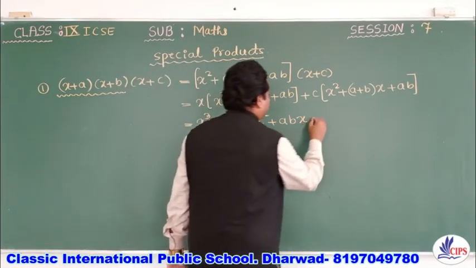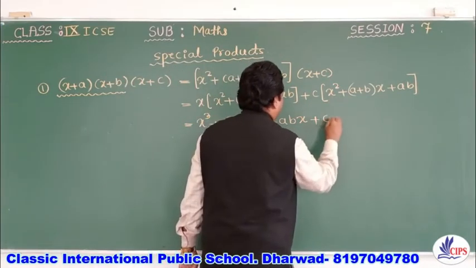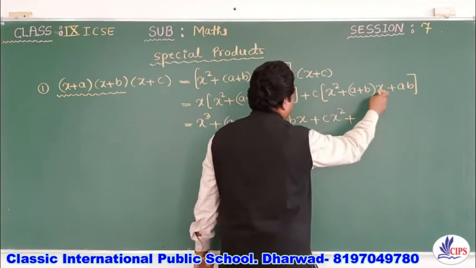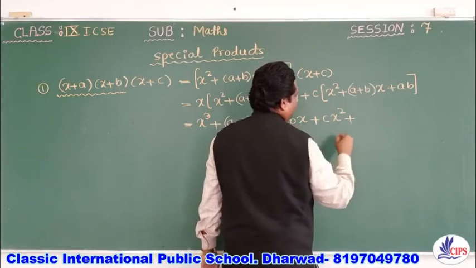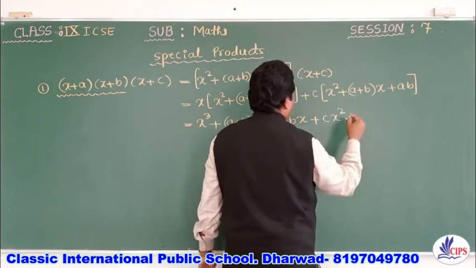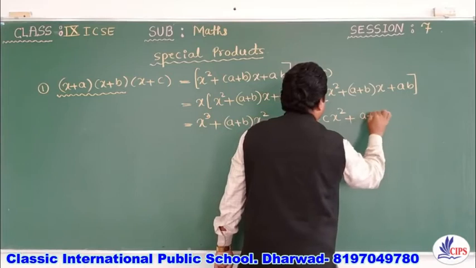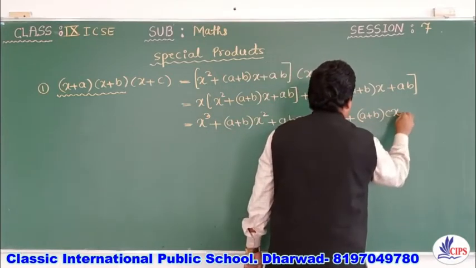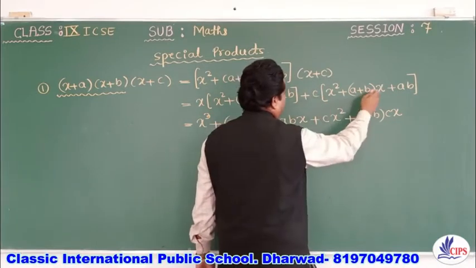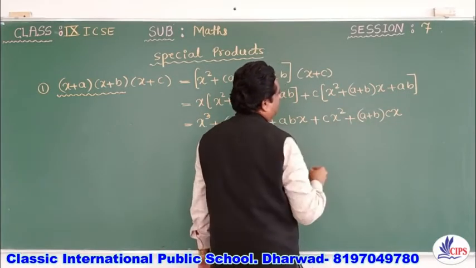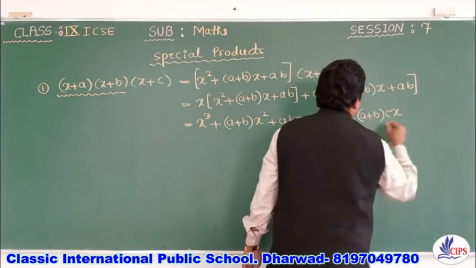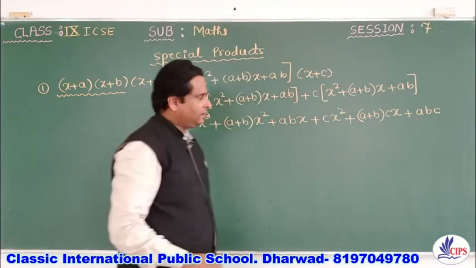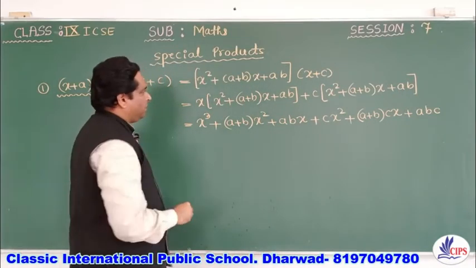Then here c into x², cx², plus (a + b)x into c, it will be (a + b)cx, correct? Then c into ab, it will be abc. Okay, this is how we have to multiply.